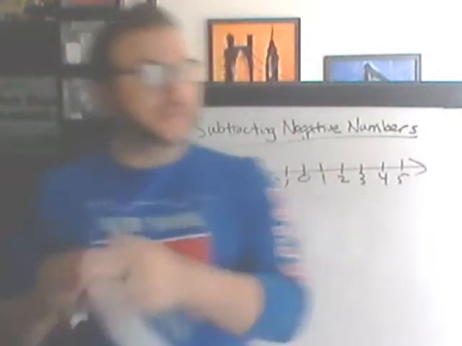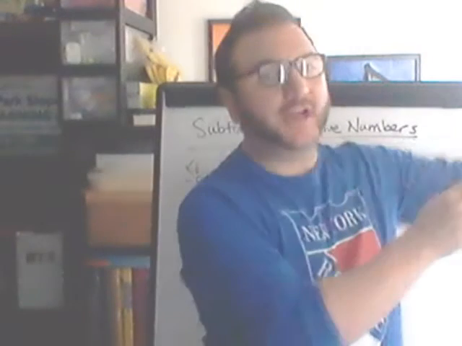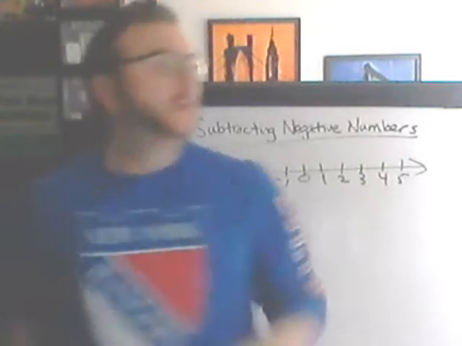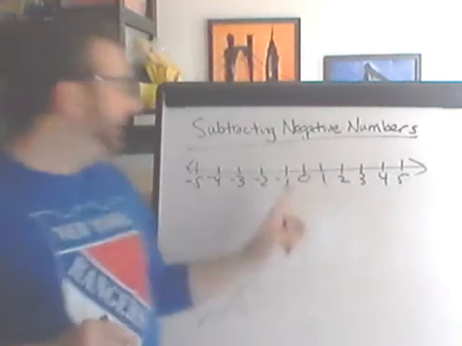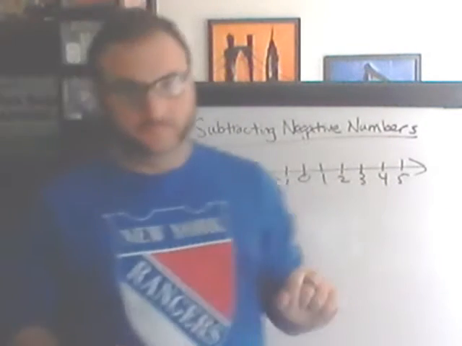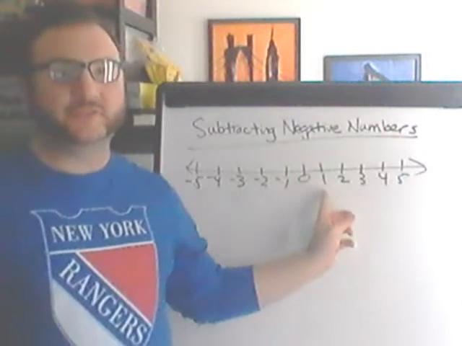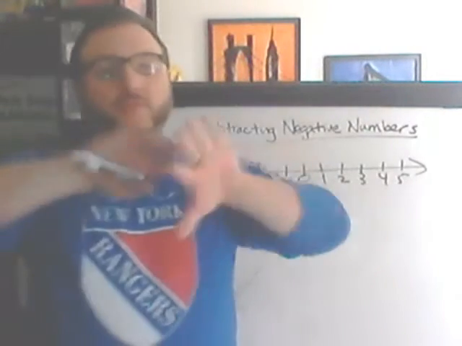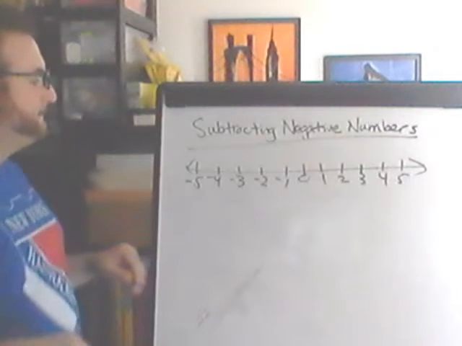Why? Because, like I said, there's a positive side and there's a negative side, right? Okay, so keep that in mind. That's why there's a 0 here in the middle. This 0 separates the positives from the negatives, okay?